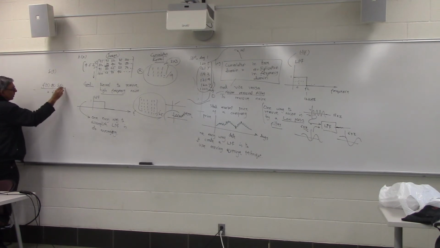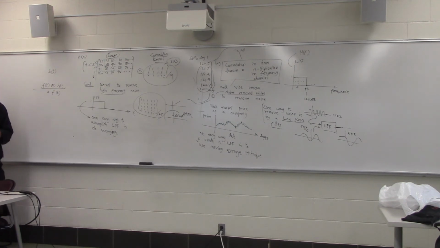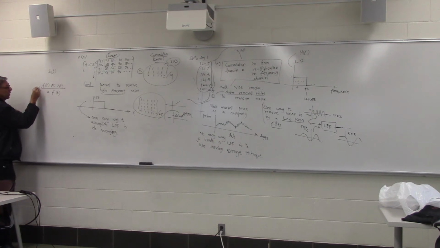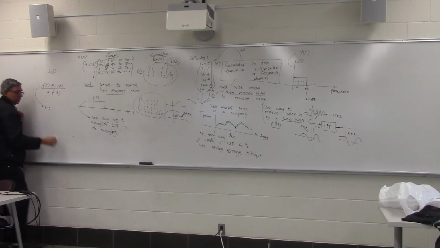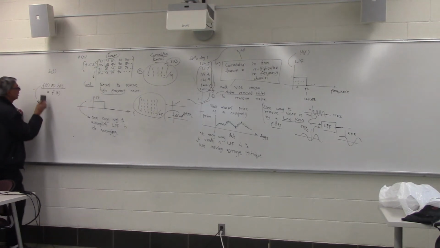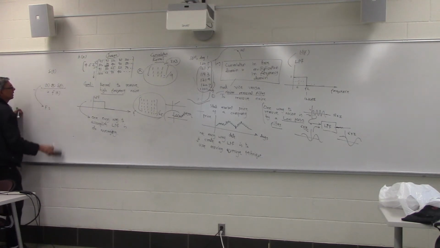I also mentioned that convolution in the time domain is what? Multiplication in the frequency domain. So now let's pretend this f of t happens to be some x of t, because f is frequency, so that I don't want you to get confused over here.